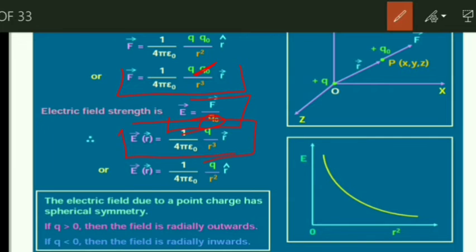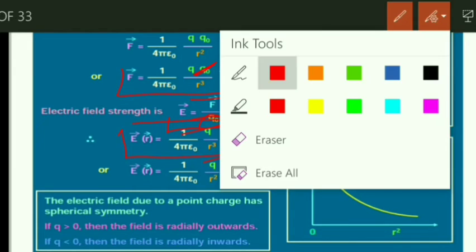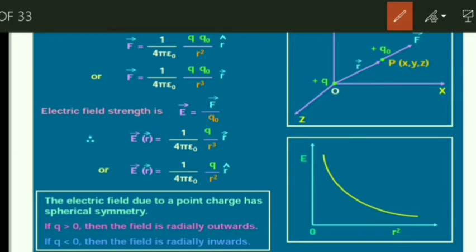This will be the electric field of a point charge, or this can be written in unit vector form by separating the r vector into r and writing in its place simply the r unit vector, which is done here.